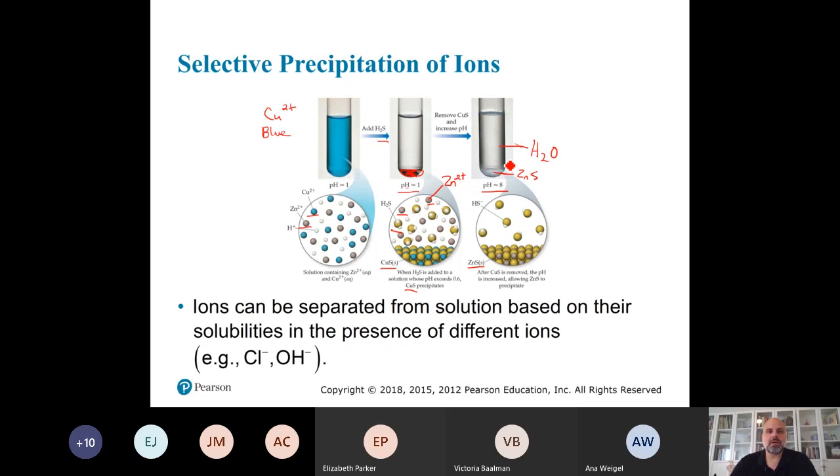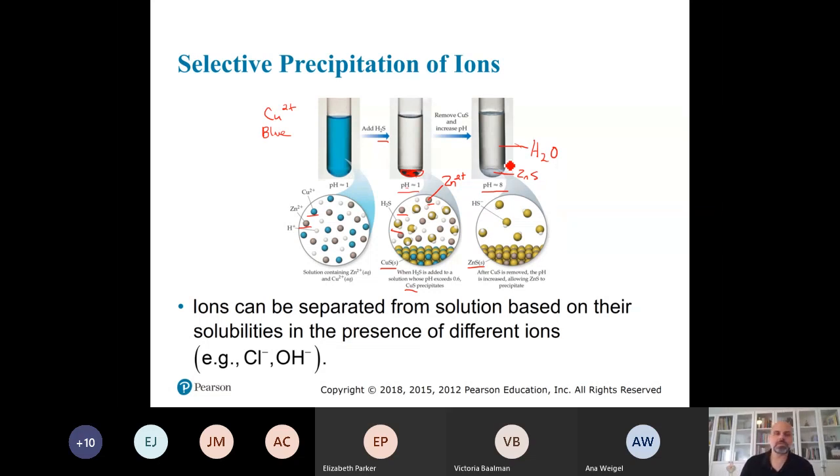And they are complexing or precipitating out these ions, depending on the system that they use, to essentially purify our waters, whether it's the drinking water or the wastewater.